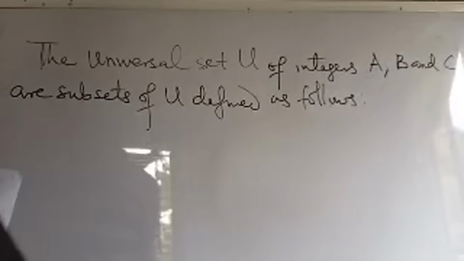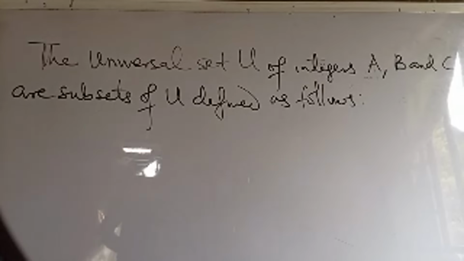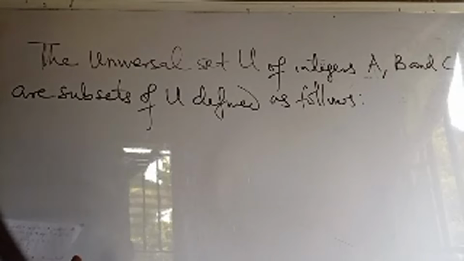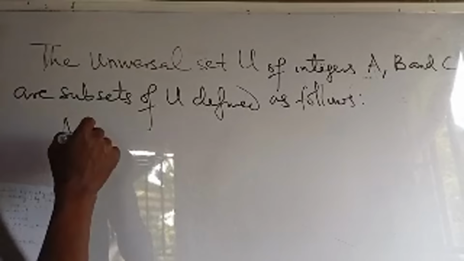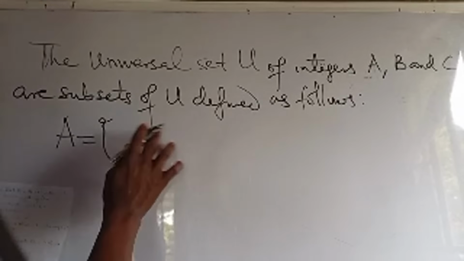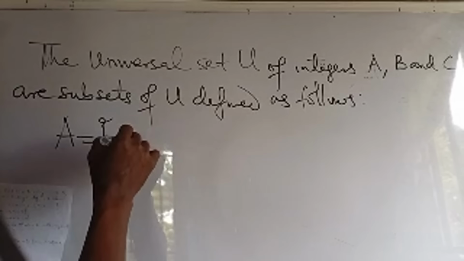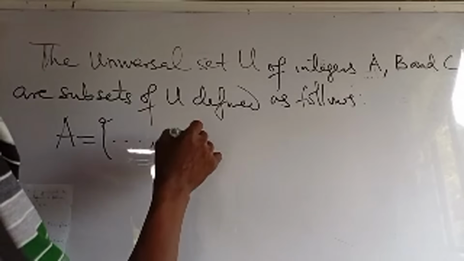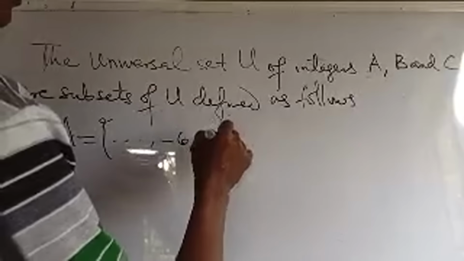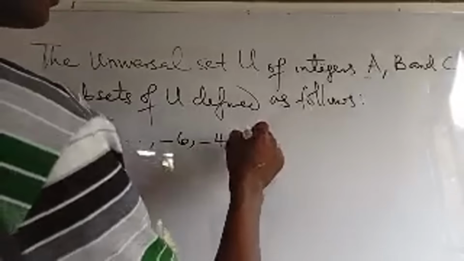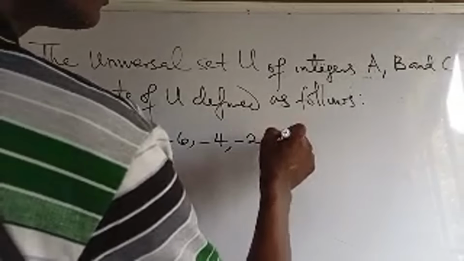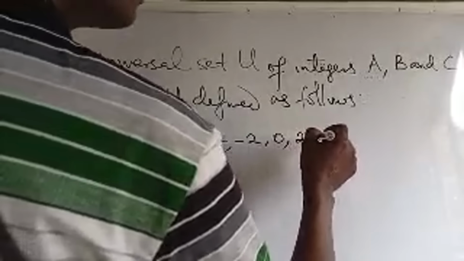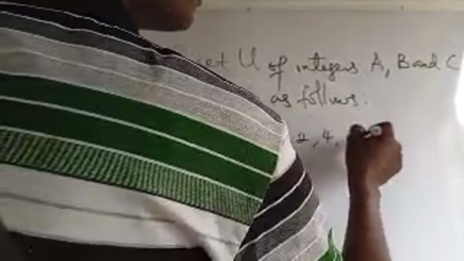We have the universal set U having the subsets A, B, and C. A has the following properties.